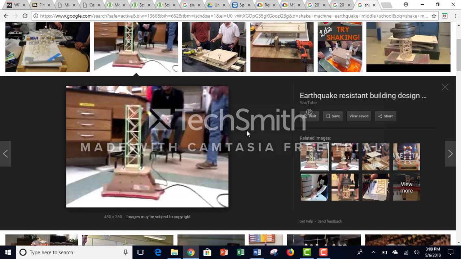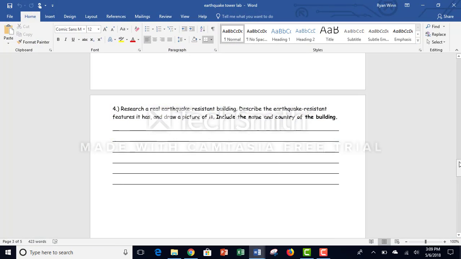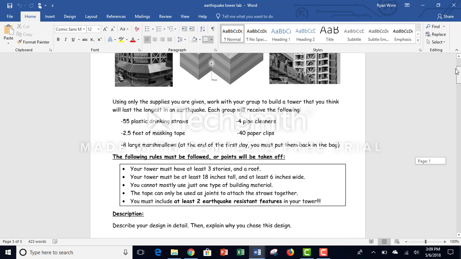So, multiple means of expression and representation. Students that have reading and writing difficulties, maybe students with dyslexia, instead of relying on this lab packet, students can record their answers via video, for example.